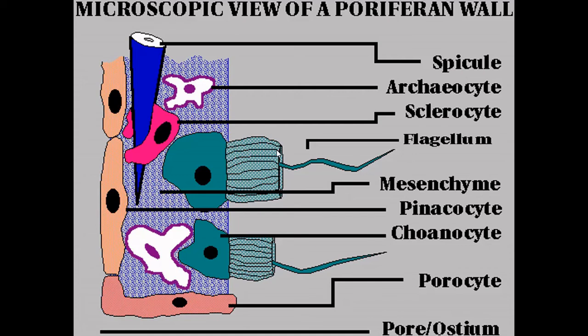The choanocytes could be related to the flagellated protozoans because of the presence of flagellum. So theoretically, they believe that the sponges evolved when a group of protozoans grouped together as a colony that later on evolved into a sponge. Okay.